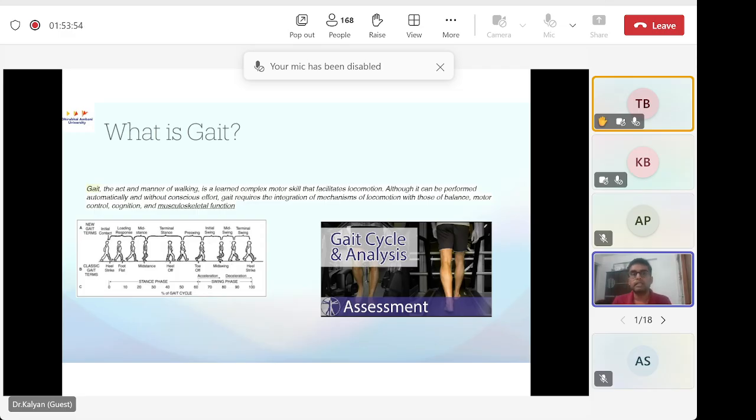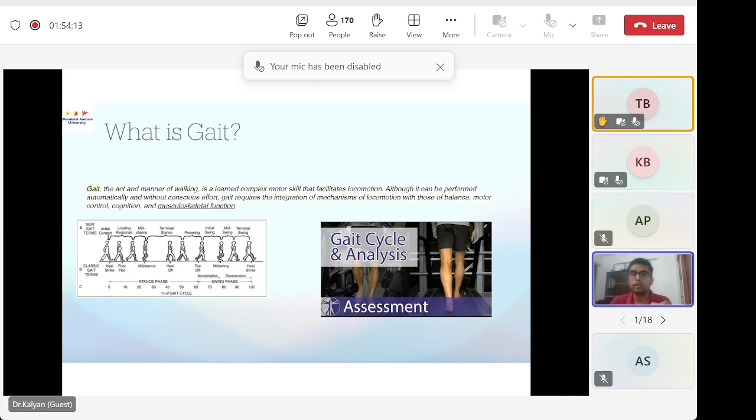Gait is the act and manner of walking, which consists of a complex motor skill, right? Your limbs have to sync and coordinate. There is some symmetry, which means there is a cycle to how we walk: right leg, left leg, and so forth.